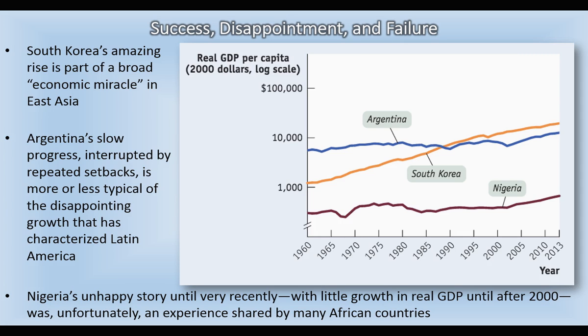So these are good examples of the continents that were in turbulent stages and maybe still are, but either have been growing like South Korea or are starting to grow like Nigeria.